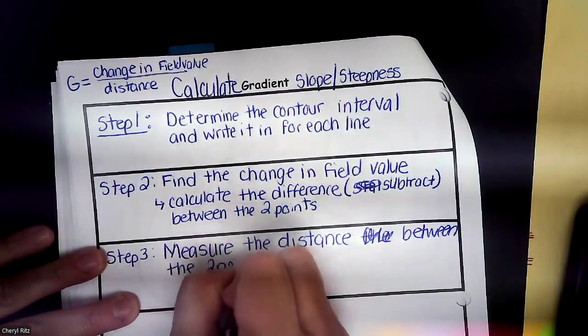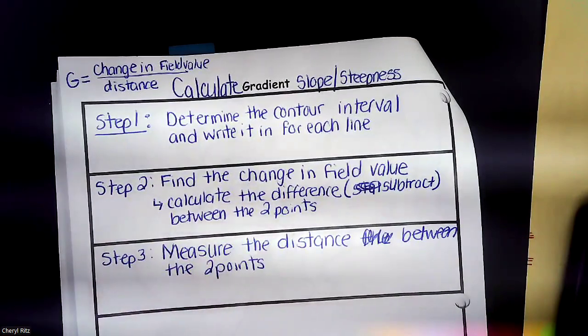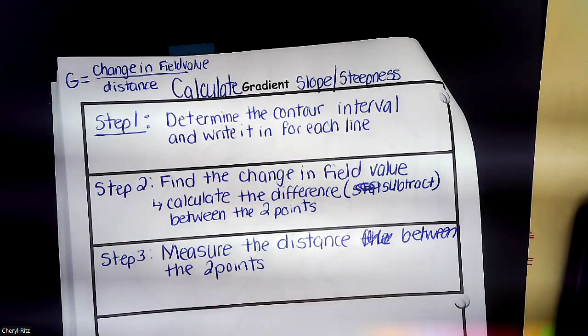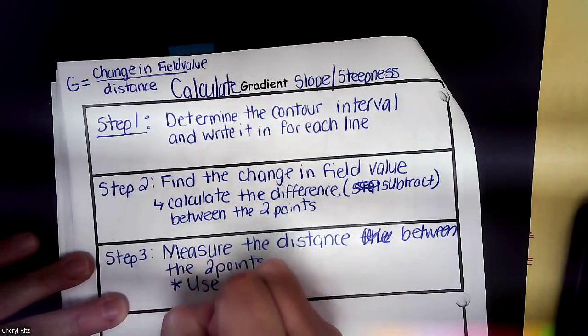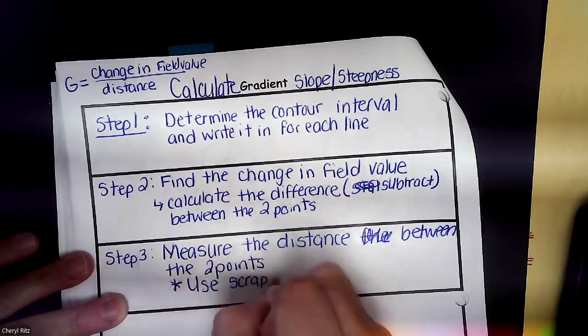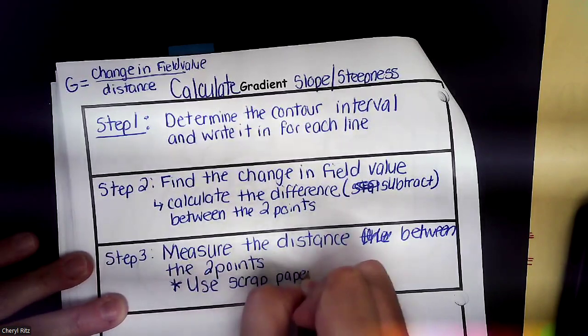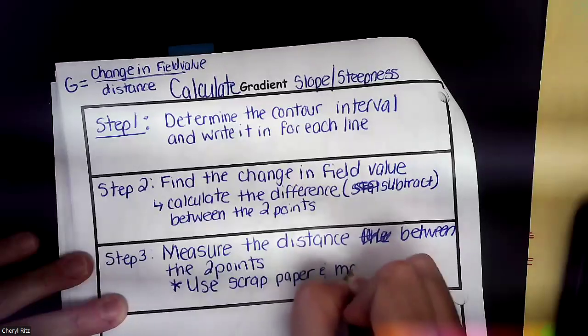How do we measure distance between 2 points on one of these maps? Use scrap paper and the map scale.